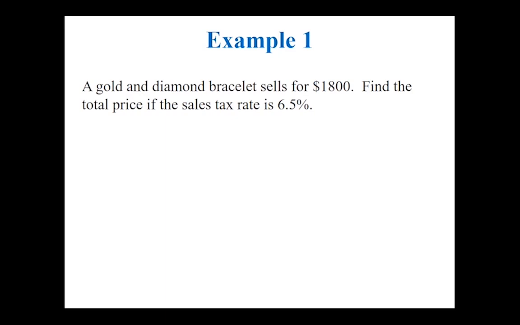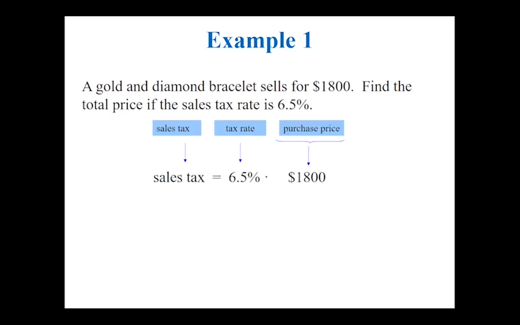So we want to find the sales tax. 6.5% of 1,800 is 6.5% times 1,800. Tax rate times purchase price. 6.5%, decimal goes 2 places to the left. Decimal form of that is 0.065. 0.065 times 1,800, the calculator tells us, is $117.